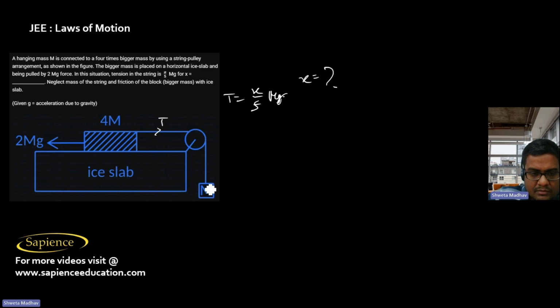So if you draw the free body diagram of this mass m, then upward we have tension, and here we have its weight, that is mg.